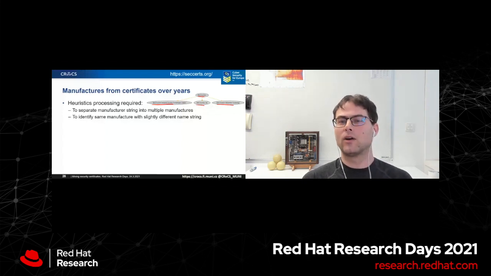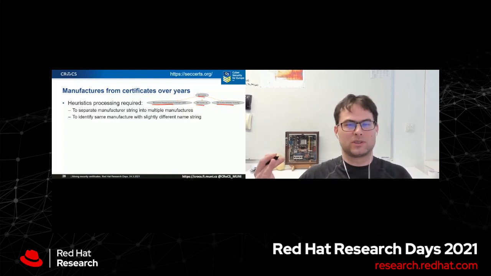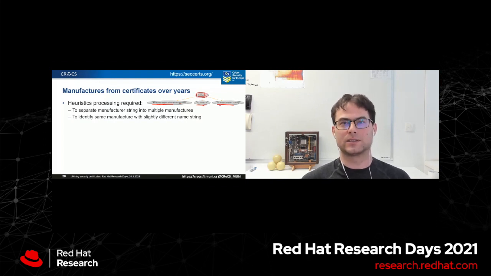And they all mean the same company, same manufacturer, or same vendor. But because of different, let's say, divisions of that company and so on, they have slightly different names. And either you keep them separate and have somewhat skewed results, or you can try to apply some heuristics and figure out, okay, let's call all these the same title and have it as a single vendor.